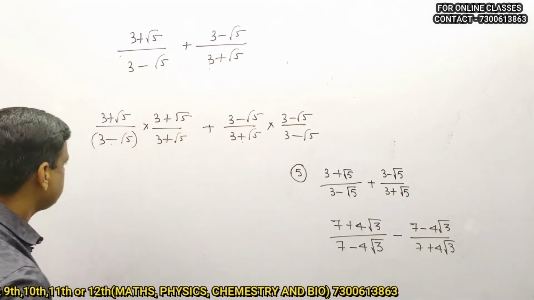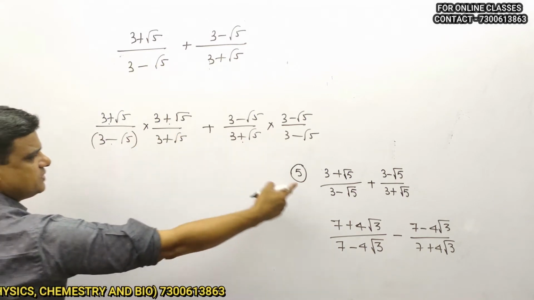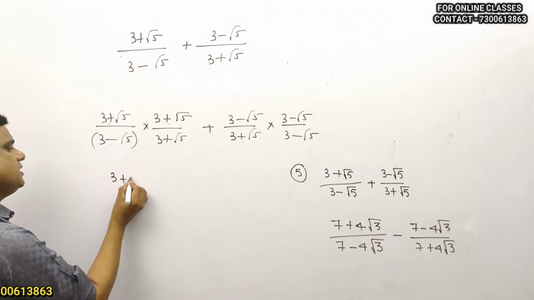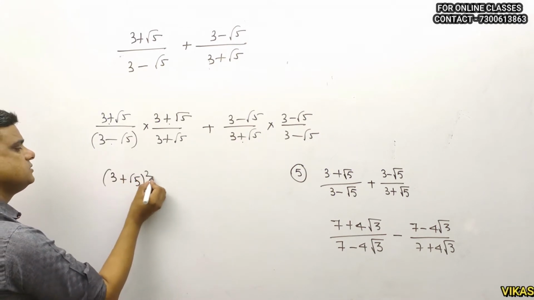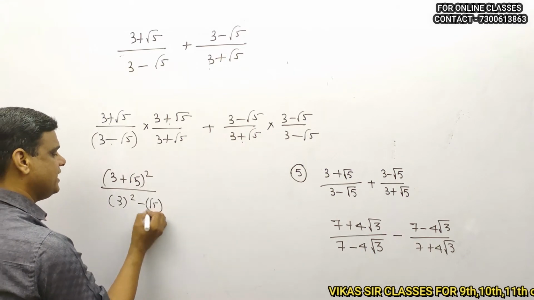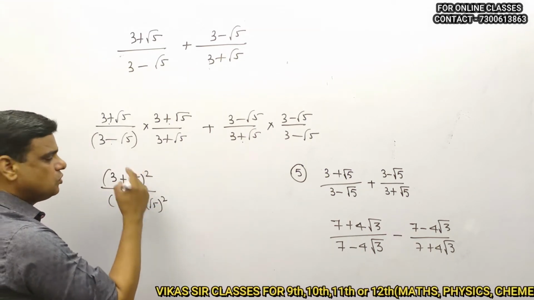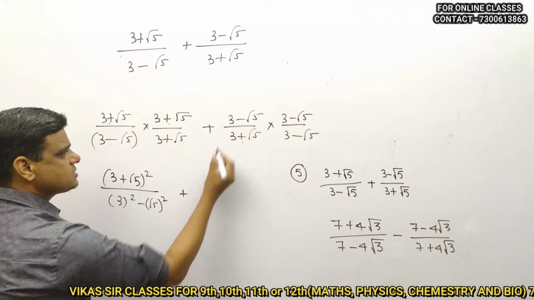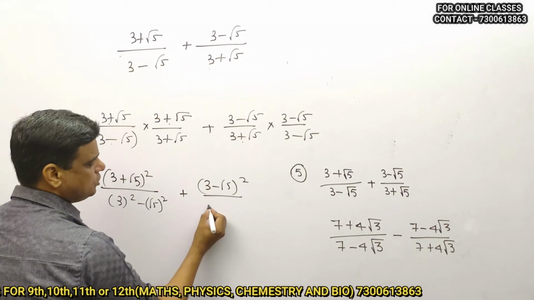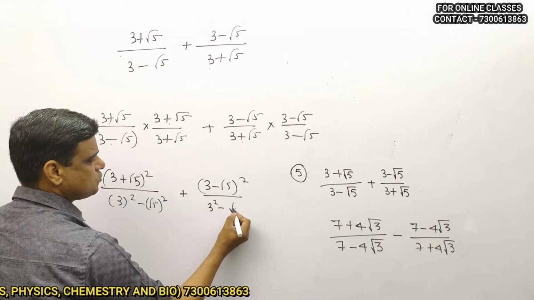Is that clear? Solving it out, it is (a plus b) into (a plus b), the same which we did in the last question. So it is (3 plus root 5) square upon 3 square minus root 5 square, and (3 minus root 5) square upon 3 square minus root 5 square.